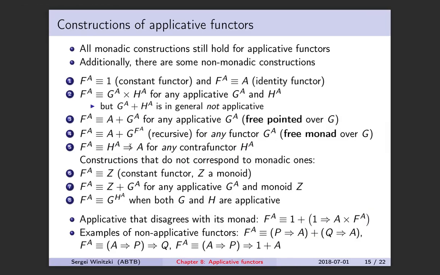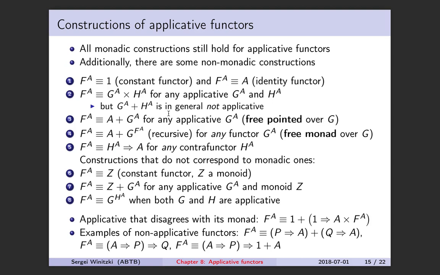So we don't actually need to check any laws here for this construction because we already checked the monad laws, and the applicative laws are a consequence when we define applicative instances through monadic instances. And the same holds for this construction. This construction was also a monadic construction, so we don't need to consider it separately in this chapter.